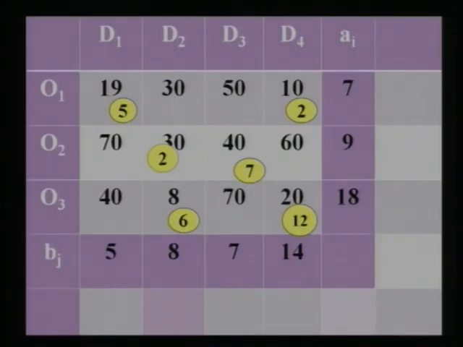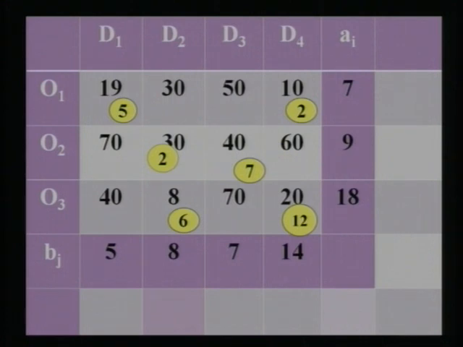You can see this 2 is a new basic variable. Before it was some value here, so that has been removed, and we get the new basic variable 2 here. Again you count, the number of basic variables remains 6. Okay, so it is still a non-degenerate basic feasible solution.